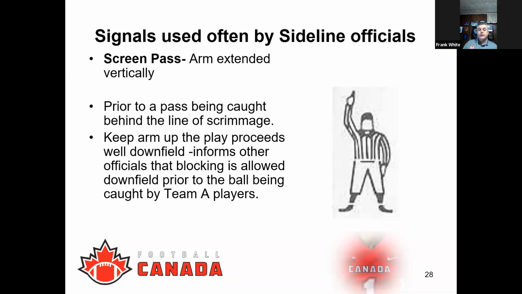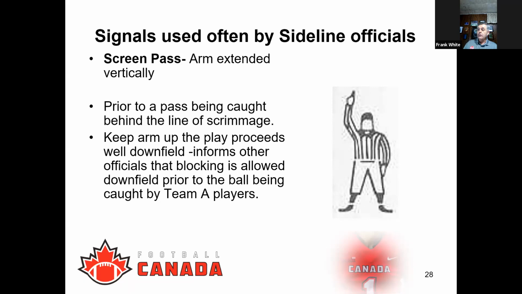As sideline officials, you're the one that's going to make the call on screen passes. And to indicate a screen pass is just putting your arm extended vertically up in the air. And the reason you do that is a screen pass is a forward pass caught behind the line of scrimmage, and on those kinds of plays, it's allowed for either line people or receivers to be downfield blocking for the ball carrier.